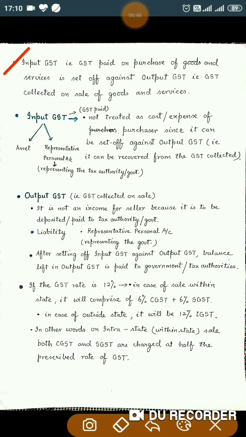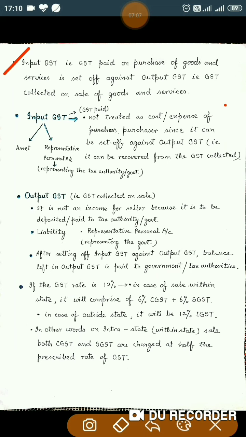When you sell those goods, you will collect GST. So the government gives you this facility that the GST paid at the time of purchase can be recovered, can be set off.